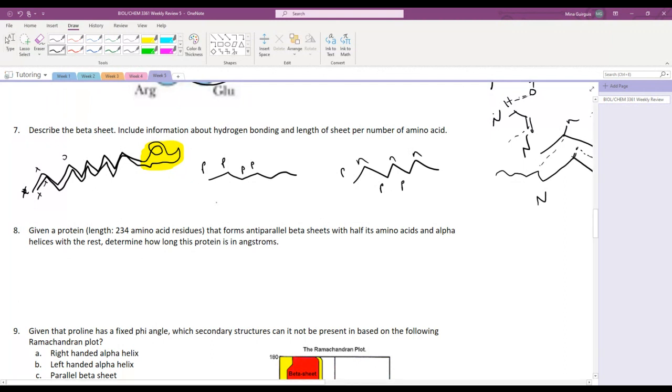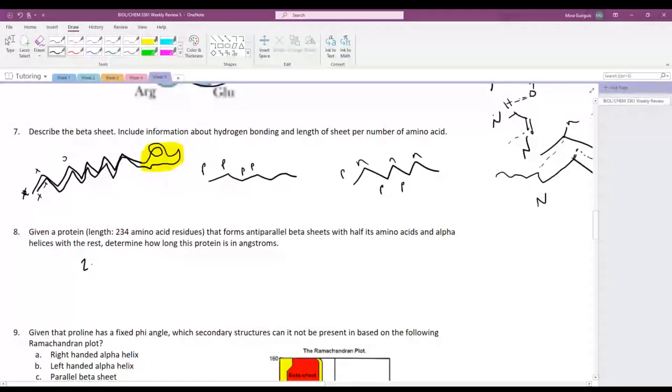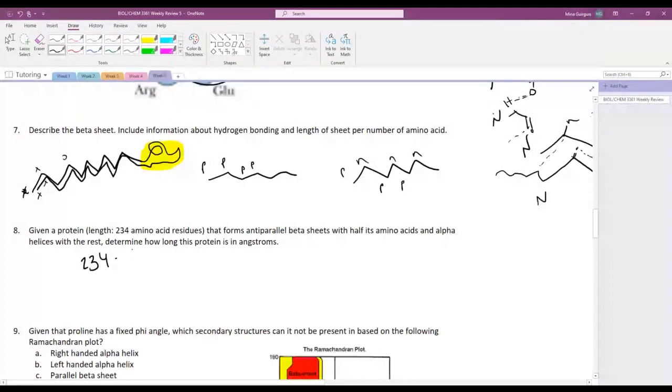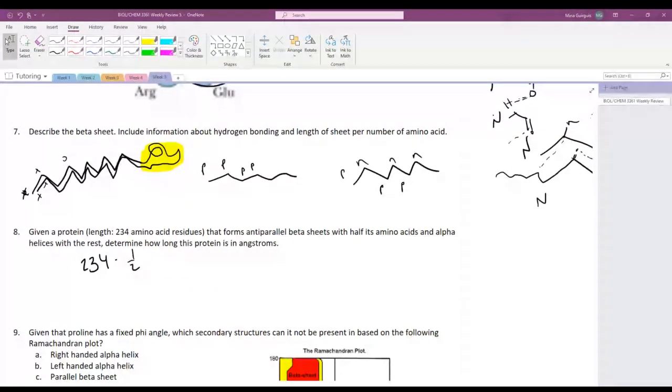And so this is a pretty rare occurrence that every single amino acid residue is going to be in these secondary structures. But this is just for the sake of simplicity. In reality, it might be that 20 of these amino acids are just not in a secondary structure, and then the rest of them are going to do something. But I wanted to keep it a little bit simpler, just because, well, I didn't want to do the math, to be honest. So 234, the first thing we're going to do is just divide it by 2.